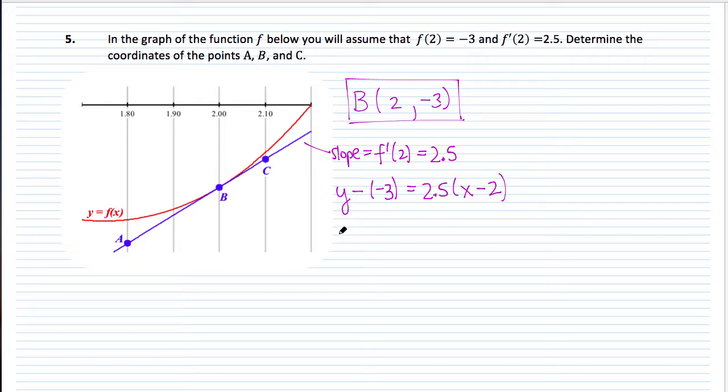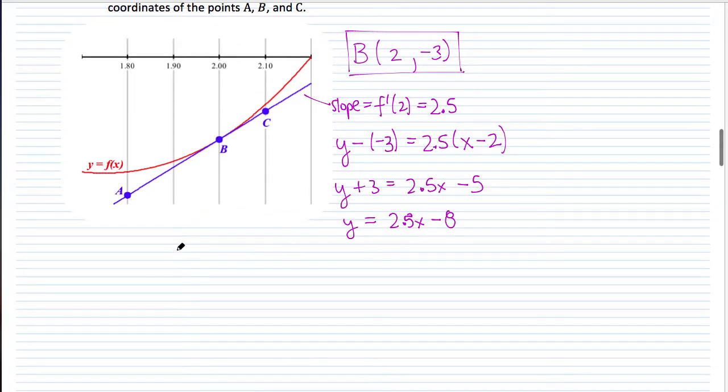So, cleaning this up a little bit, we have y plus 3 equals 2.5x minus 5, and then y equals 2.5x minus 8. So this is the equation for our line.